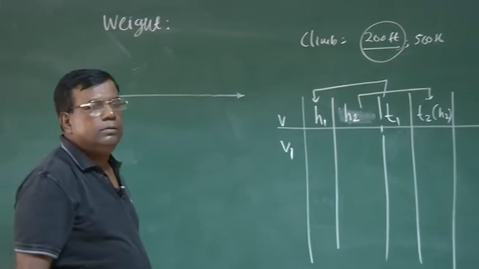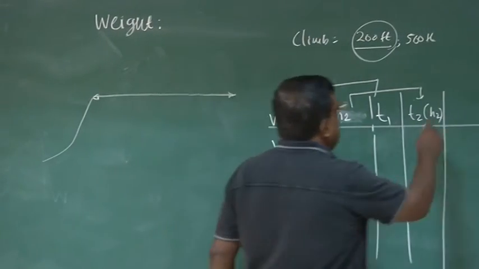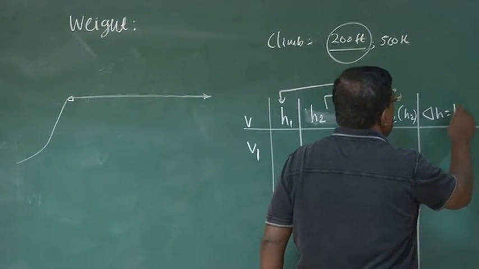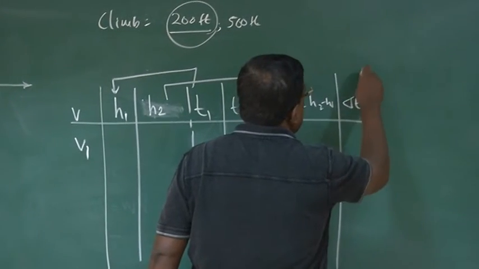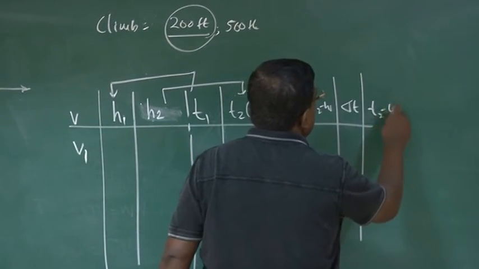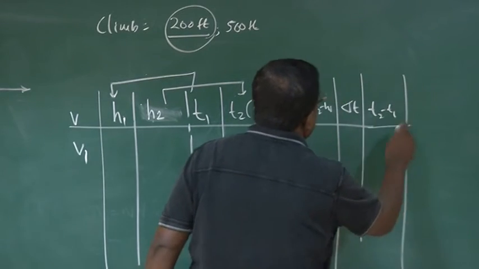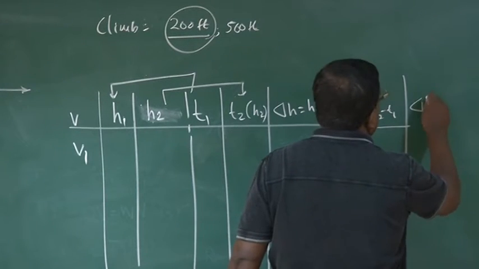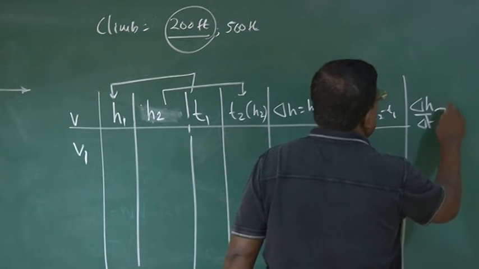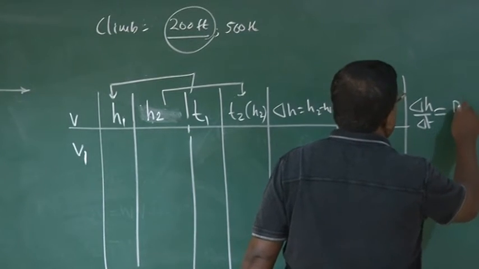So what you have now is delta H equal to H2 minus H1. Also you have got delta T, which is T2 minus T1. Right? So now, approximately, delta H by delta T is the rate of climb.